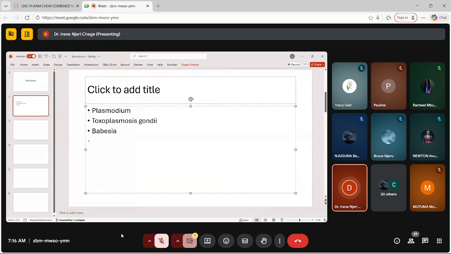We have Cryptosporidium parvum. And we have Isospora belli.